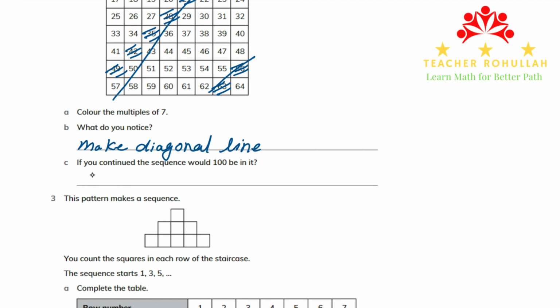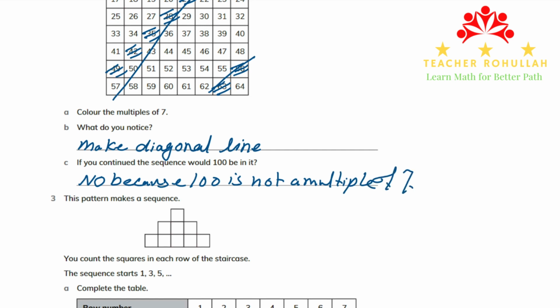In part C it says, if you continued the sequence, would 100 be in it? No, 100 cannot be a multiple of 7. We can say no, because 100 is not a multiple of 7.